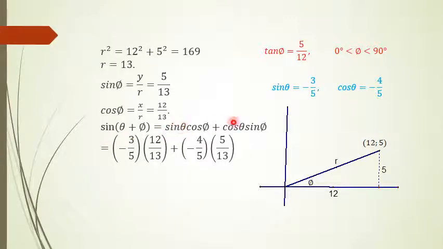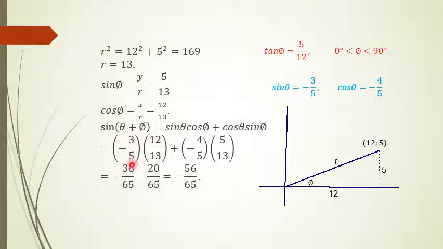Sine theta is minus 3 over 5, cos phi is 12 over 13, cos theta is minus 4 over 5, sine phi is 5 over 13. Let's multiply.